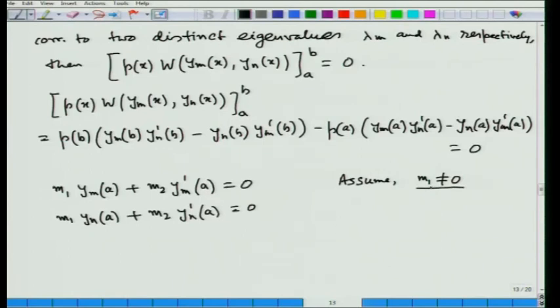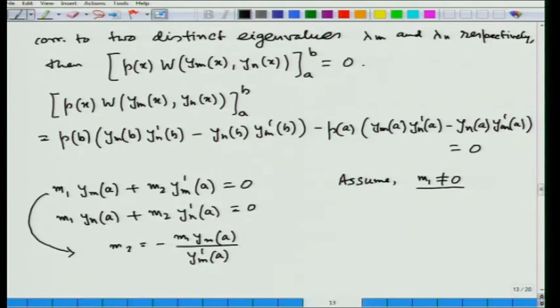If m 1 is not equal to 0, then from the first relation we can write m 2 is equal to minus m 1 y m(a) divided by y m dash(a).